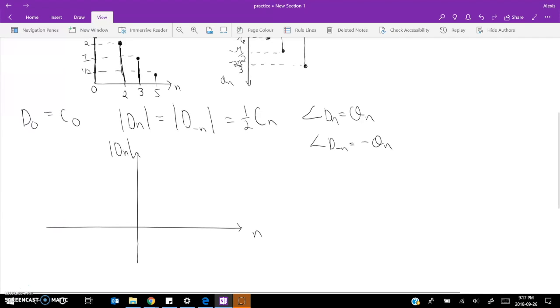At n is equal to 0, we still obtain a height of 3. At n is equal to 2, we obtain a height of 1. At n is equal to 3, we obtain a height of a half. And at n is equal to 5, we obtain a height of a quarter.